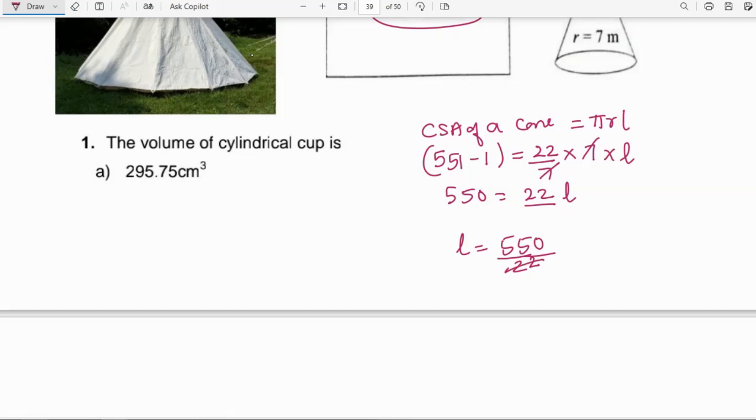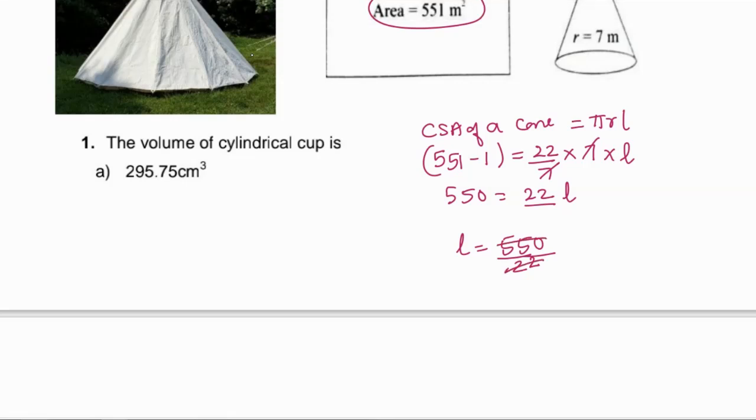So here it will be 11 ones are 11, 11 twos are 22, 11 elevens are 121. So that will be 110 divided by 2 will be nothing but 25.